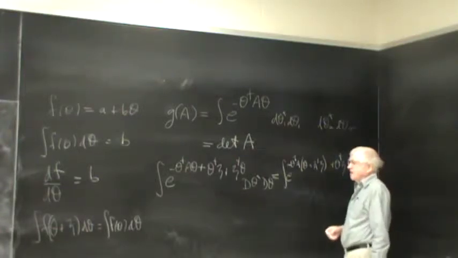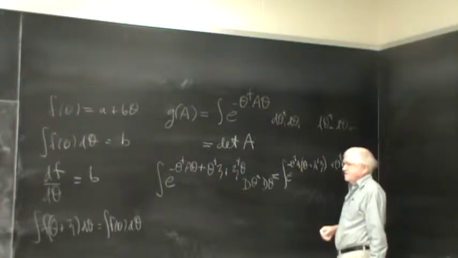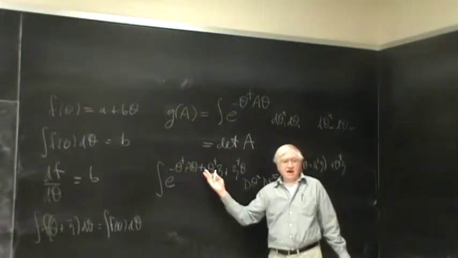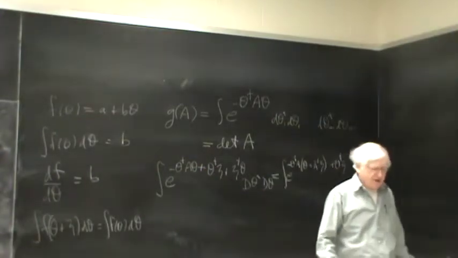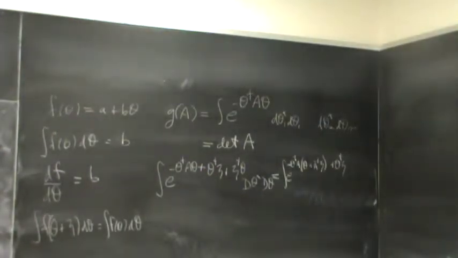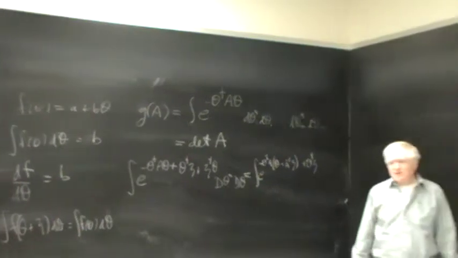And then the next one is going to be plus theta dagger zeta. We're thinking here of theta and theta star as independent variables. You know, when you have complex variables, you can think of the real and the imaginary part, of course, as independent.